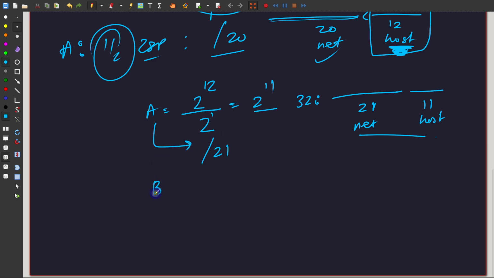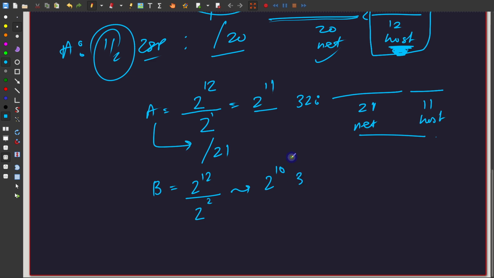We can also push this further. In fact, why not? We can go for B as well. Again, we'll start with 2 power 12 addresses, but organization B wants a quarter. A quarter is not 2 power 4, that is wrong. It is 2 power 2, and when we do that, we get 2 power 10.